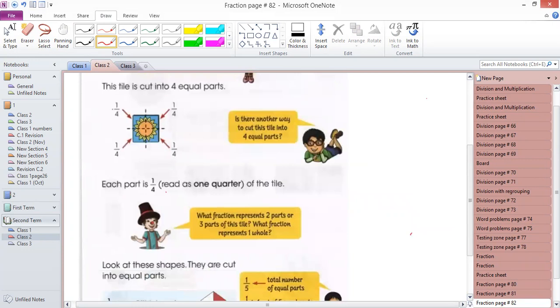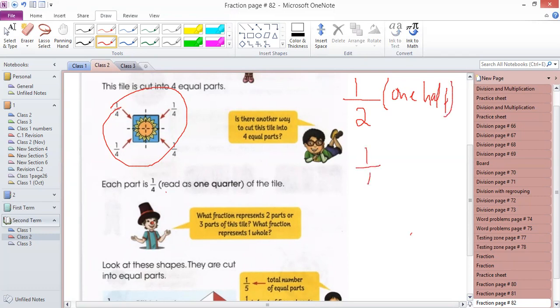Here, you have to remember, guys, if you divide anything into 2 equal parts, you will always read it as one half. I told you this.